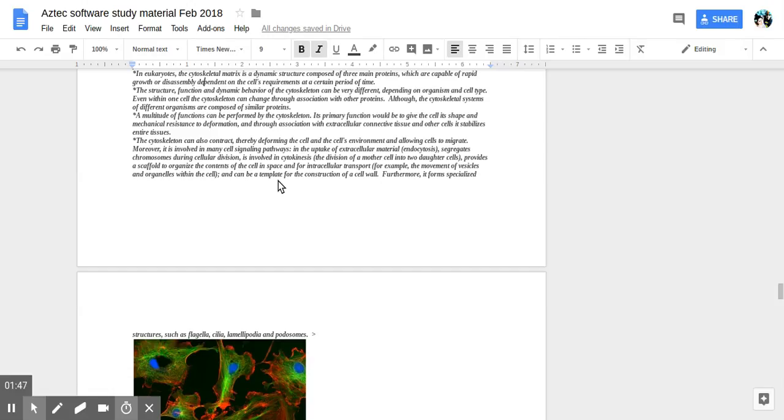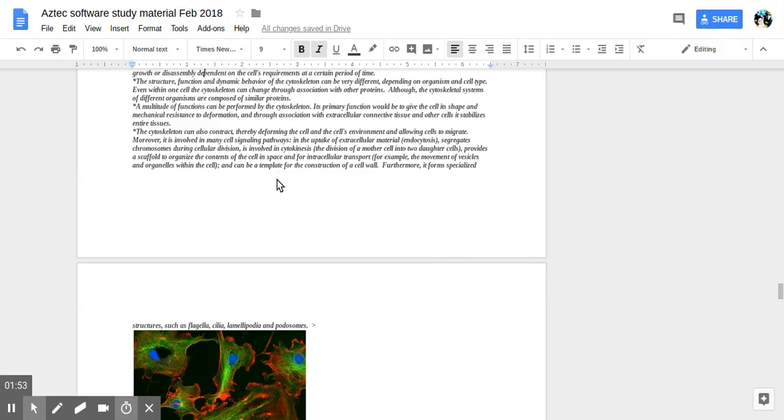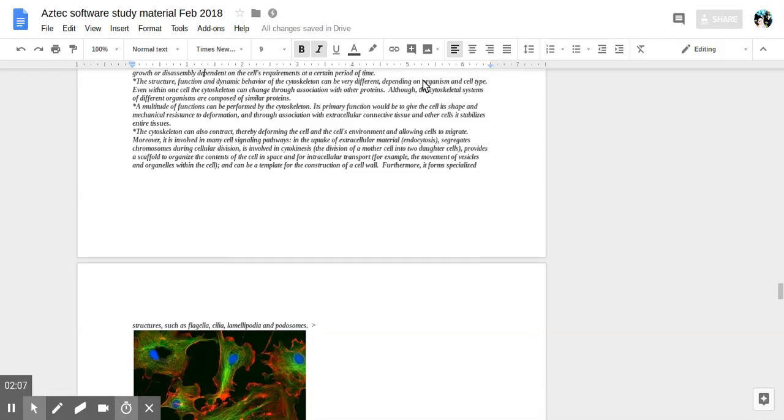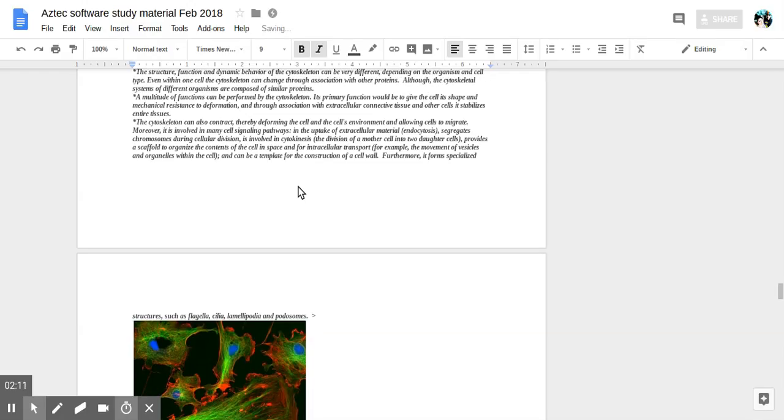The structure, function, and dynamic behavior of the cytoskeleton can be very different depending on organisms and cell type. Even within one cell, the cytoskeleton can change through association with other proteins, although the cytoskeletal systems of different organisms are composed of similar proteins.